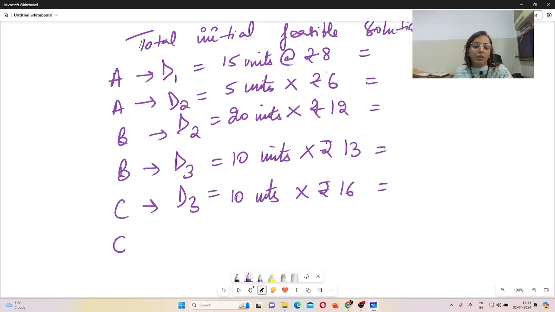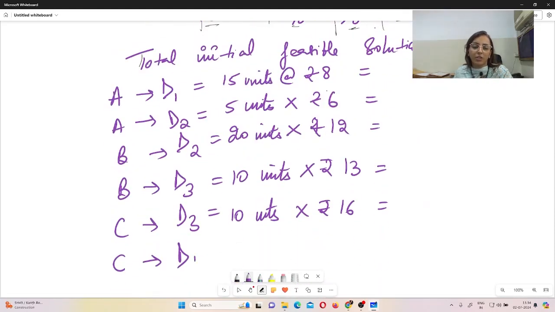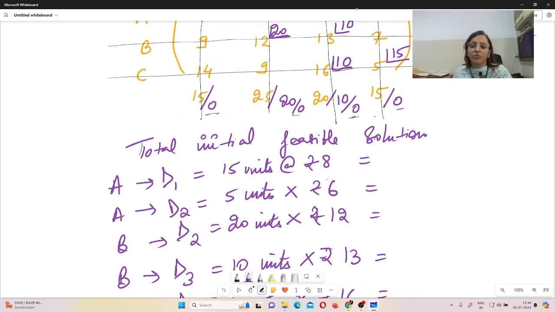So from C supplier to D4, that is 15 units, multiplied by the rate we have given, that is 5 rupees.